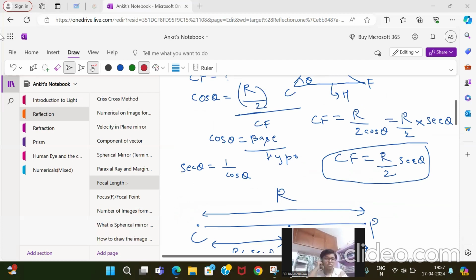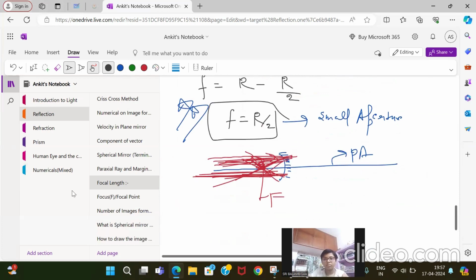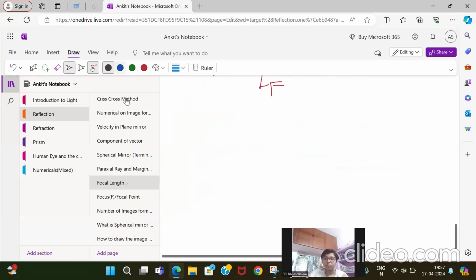Now, first of all, I will tell one thing. Small aperture. How do you know this aperture is small? How do you distinguish? For example, this is the mirror. See, this ray is coming.